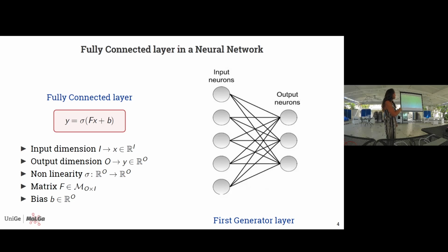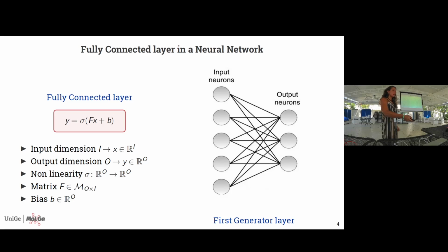This layer is called fully connected because each input neuron is connected to each output neuron through this matrix F. And this is, as I said before, the first generator layer.